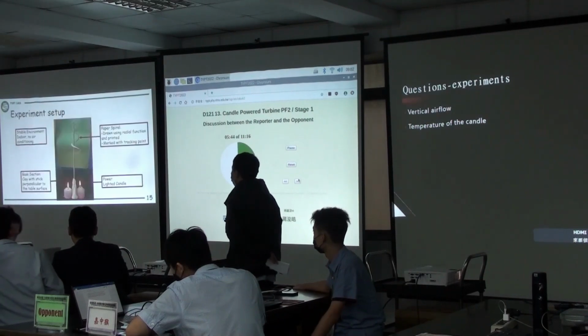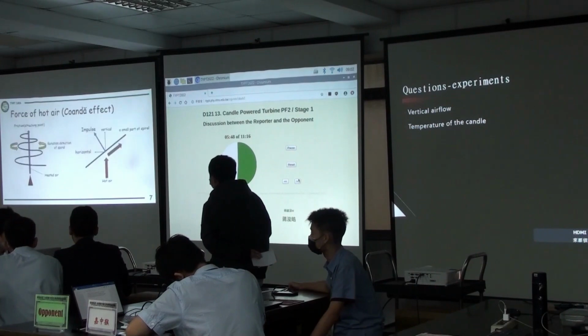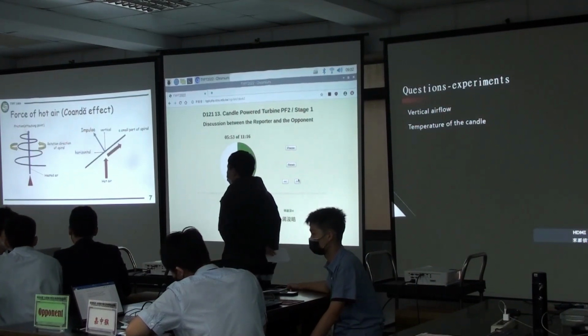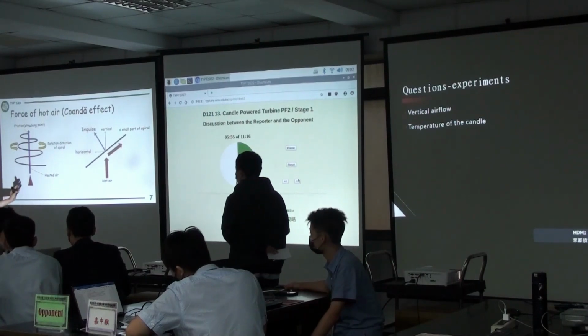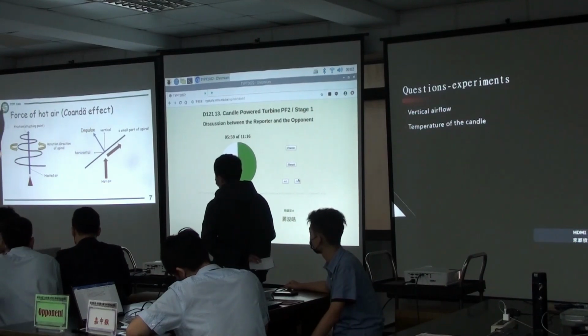Talking about the friction, as shown in our derivation, we do have friction here. If we change the material of the paper, or even change the rod or the stick, the friction will change.